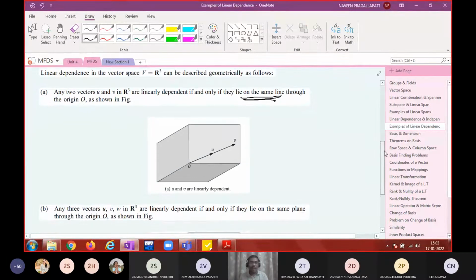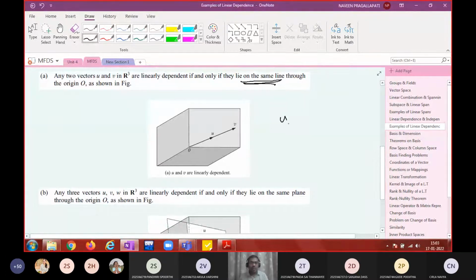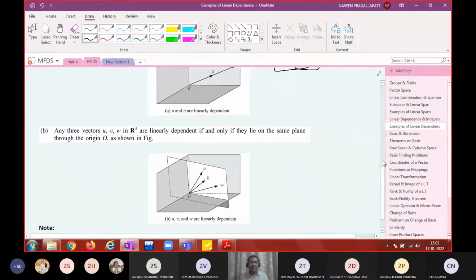You are given two vectors, you draw the graph. If you see that they are in the same direction, that means one vector is a multiple of the other vector, so they are linearly dependent.